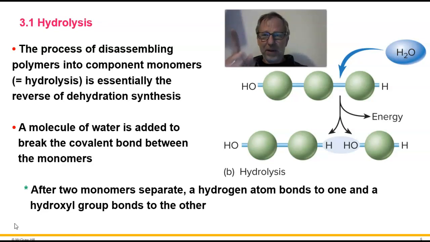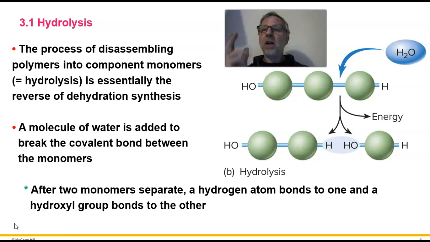So the first step here is a covalent bond between 2 monomers breaks. If you look at the figure, you've got a chain of 3 monomers, 3 spheres, and the link between the one on the far right and the one in the middle is broken.